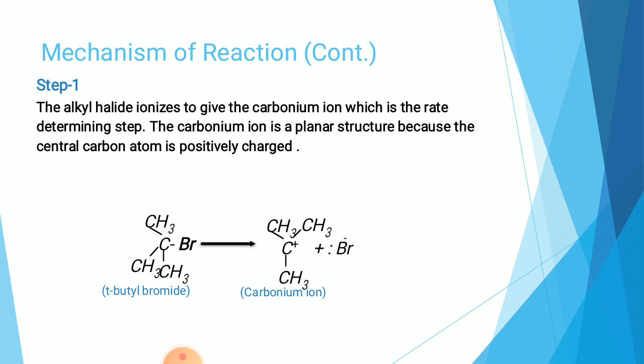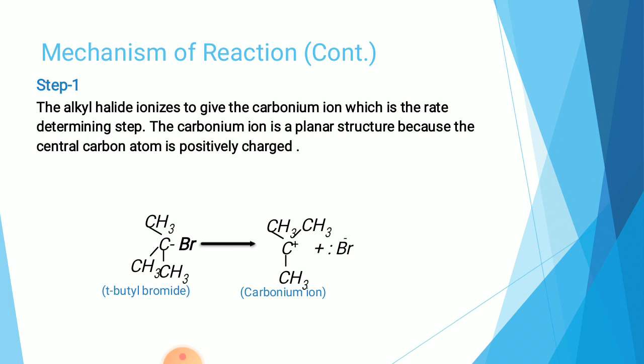So tertiary butyl bromide, when it undergoes ionization, the bromine atom gets separated here. The centrally placed carbon atom becomes positively charged, forming a carbonium ion, along with a bromide ion.